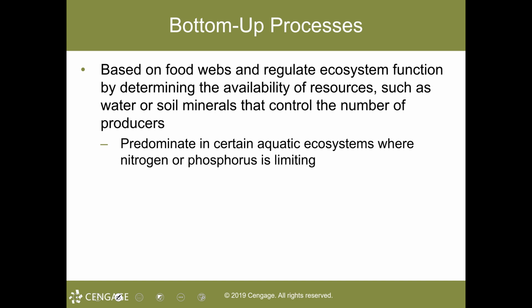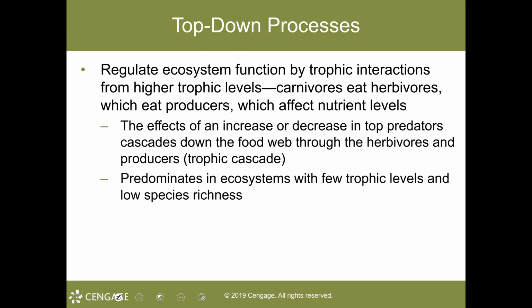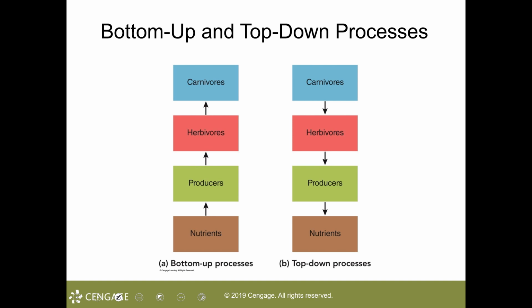Top-down processes regulate ecosystem function by trophic interactions from the highest trophic levels, such as the carnivores that eat herbivores, which eventually eat producers. So they do contrast quite well. So there you have it. Bottom-up processes versus those top-down processes, which begin with those carnivores.